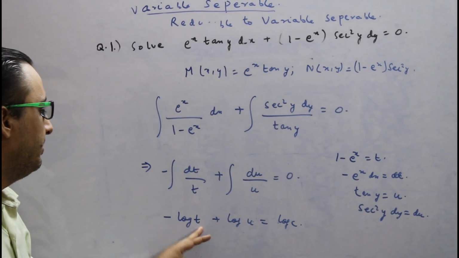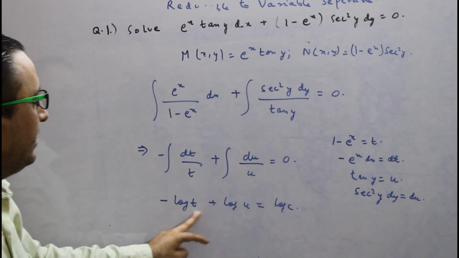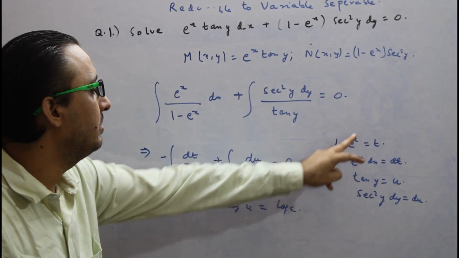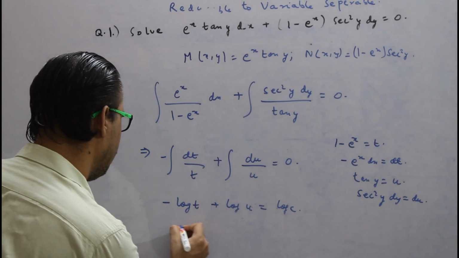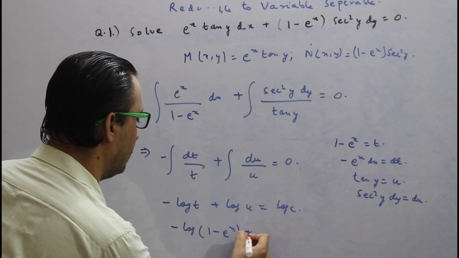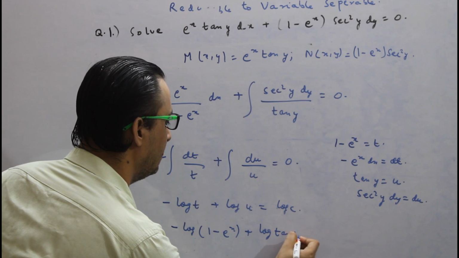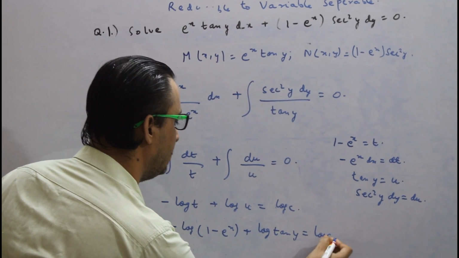Now I will place the values of t and u respectively. So t value is 1 minus e to the power x. So this becomes minus log of 1 minus e to the power x plus log, what is u? u is tan y, is equal to log c.